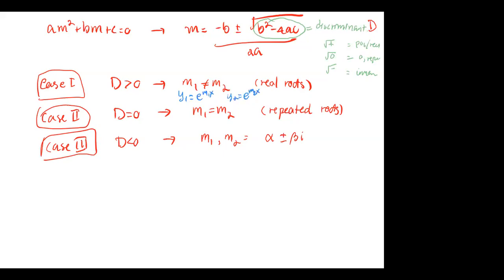And for case 2, y1 is e to the m1x. And since y1 and y2 are linearly independent, we can obtain y2 using reduction of order, which we just did in 4.2, to get x times e to the m1x. That's the reduction of order proof that the second solution will have the x multiplied by the known solution.